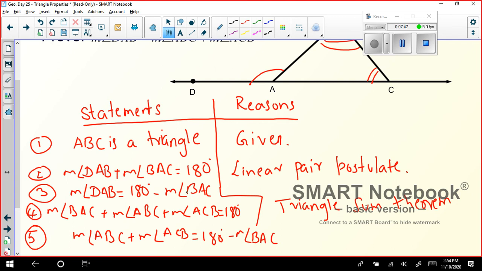Okay, here I had not written the reason. It was the subtraction property for the third step, right? Same way here also it's the subtraction property of equality.